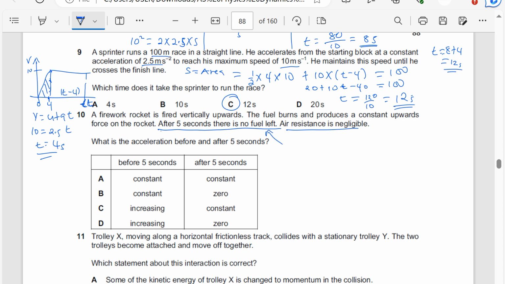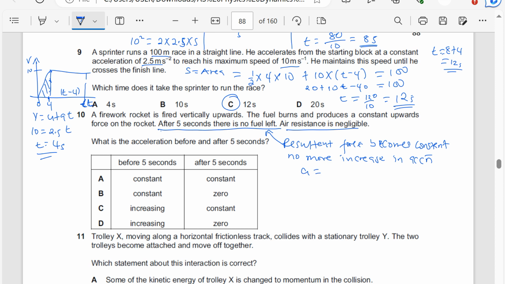So if after 5 seconds there is no fuel, it means the resultant force becomes constant. So there will be no more increase in acceleration, and if there's no more increase in acceleration, it means the acceleration becomes constant.